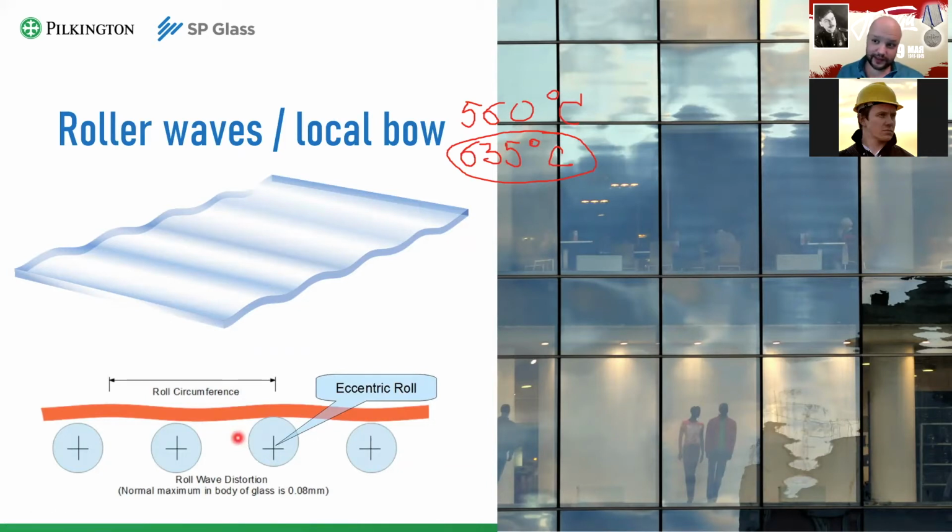If we heat the glass too much, glass starts to bend in the form of these rollers, creating a roller wave effect. Now you can see it right here. The roller waves are positioned like this. Here in the reflection, you're seeing it quite clearly.